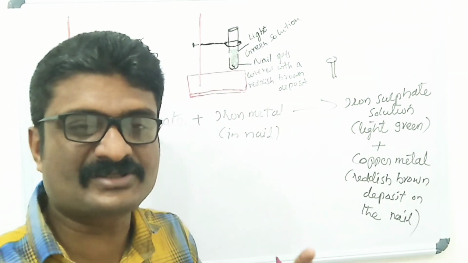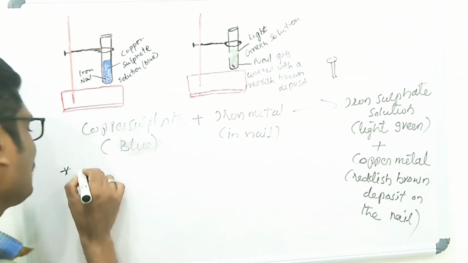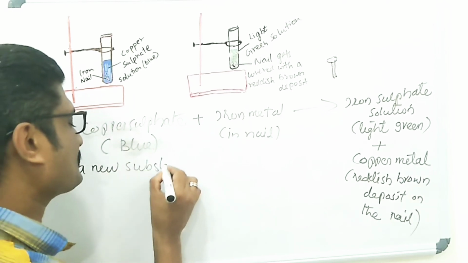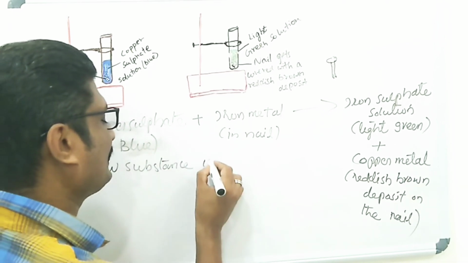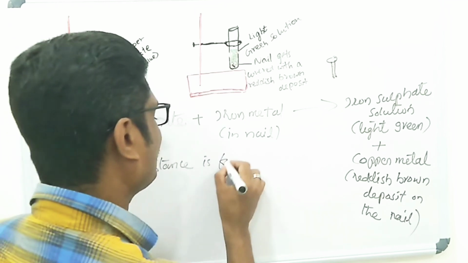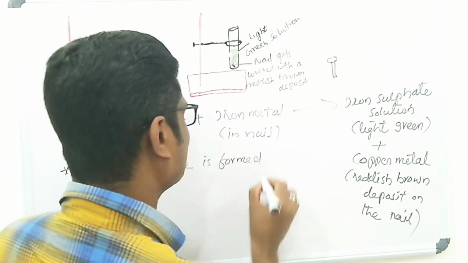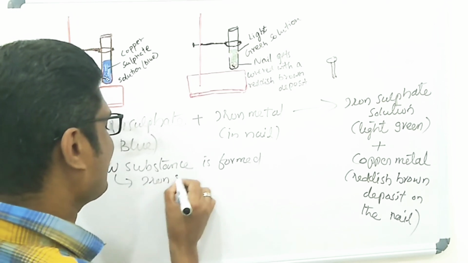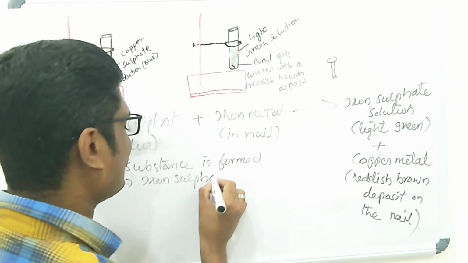Thus in this reaction we can say a new substance is formed. The new substance is iron sulfate.